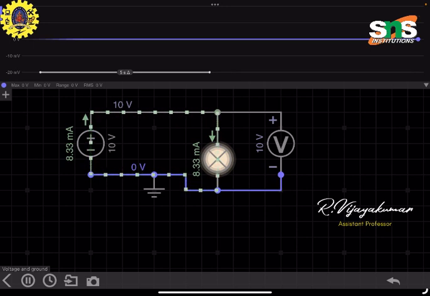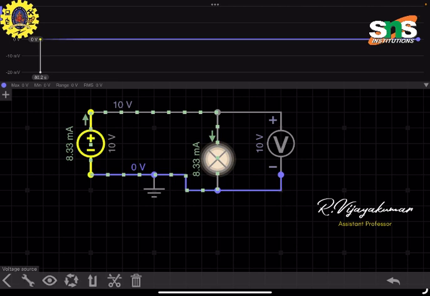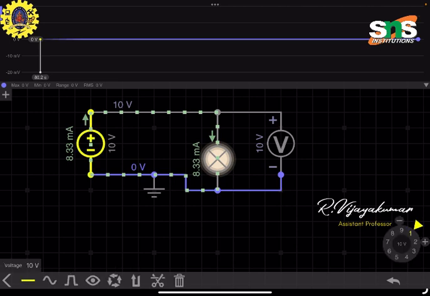It will consume 8.3 milliamperes, because I'm giving a 10-volt battery and changing this 10 volts into 1 volt.